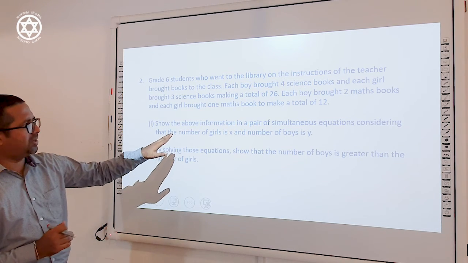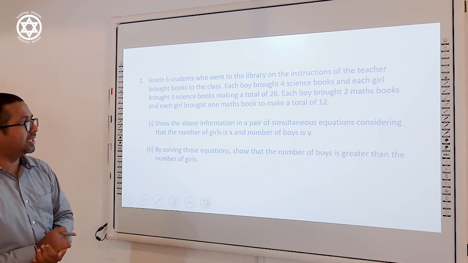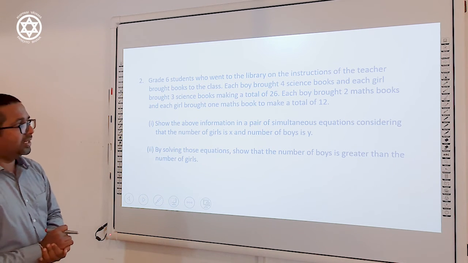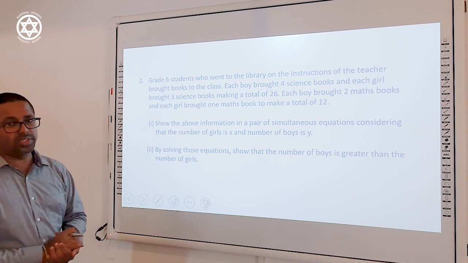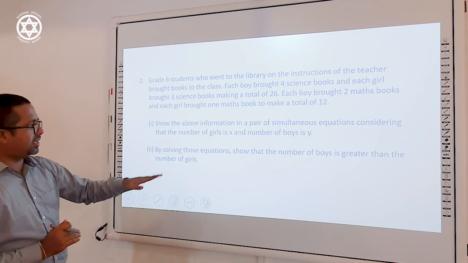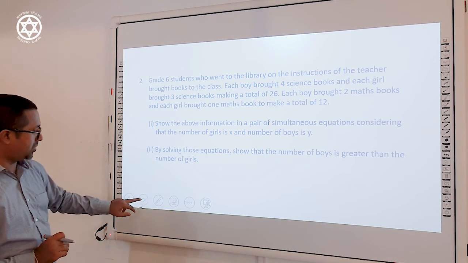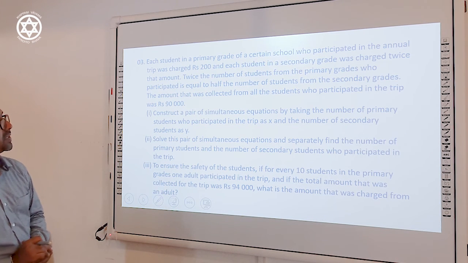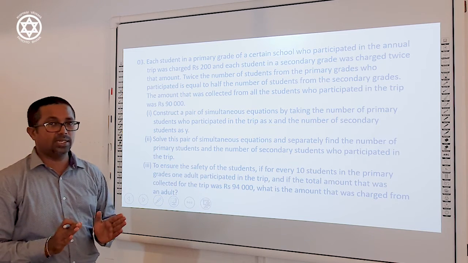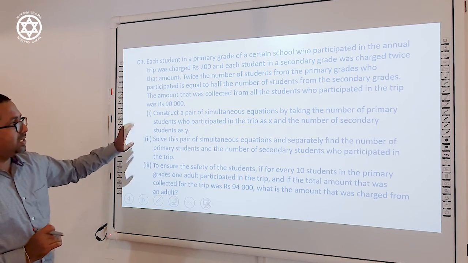The information is given to be shown in a pair of simultaneous equations, considering the number of girls as x and the number of boys as y. Like that, read and make the equations, and then solve. You know how to solve that type of equations. You can complete them as your homework, and this one is also the same. First read the question carefully and construct the equations.